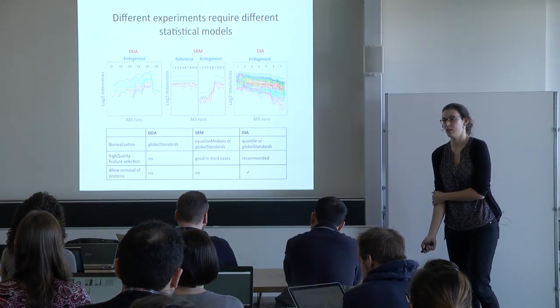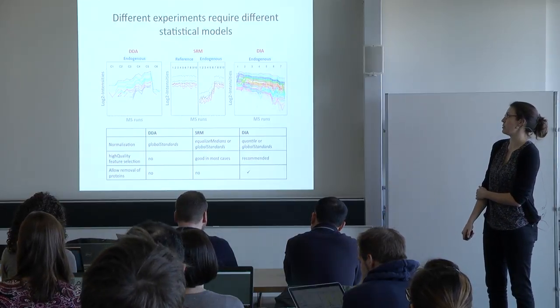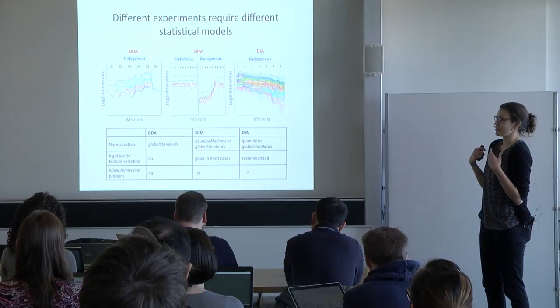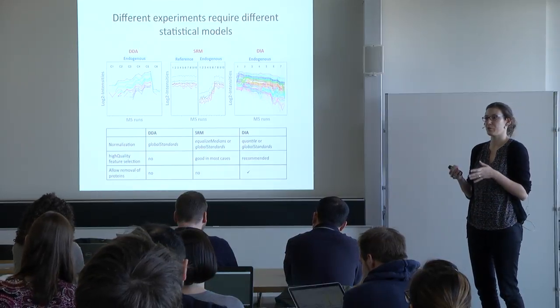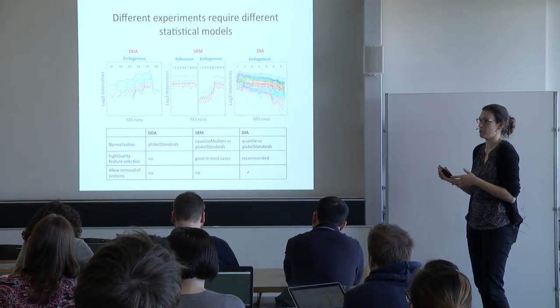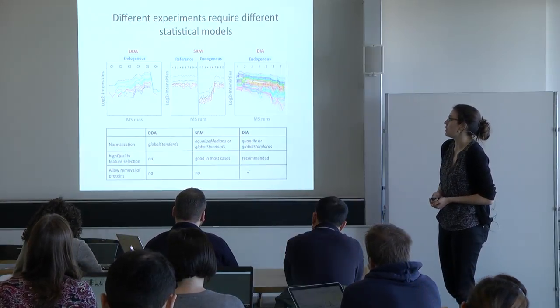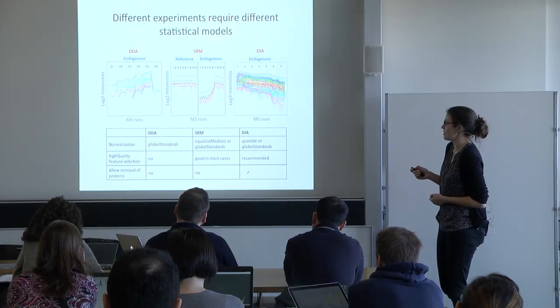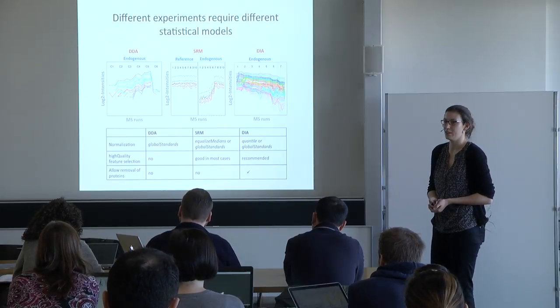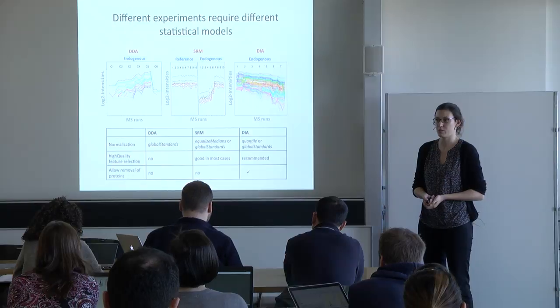So a final comment would be that you need to make sure to be aware that different experiments require different statistical methods and models. So this is just a visualization of how data sets from different acquisition methods look.